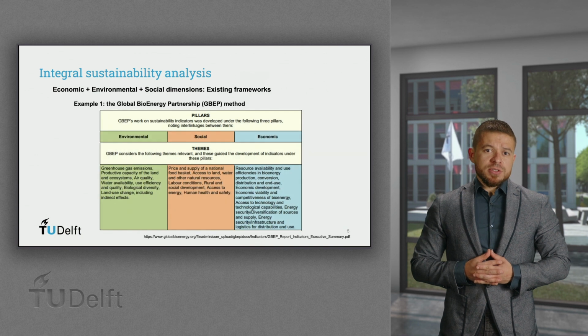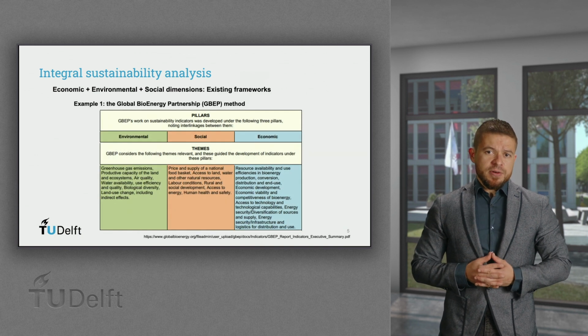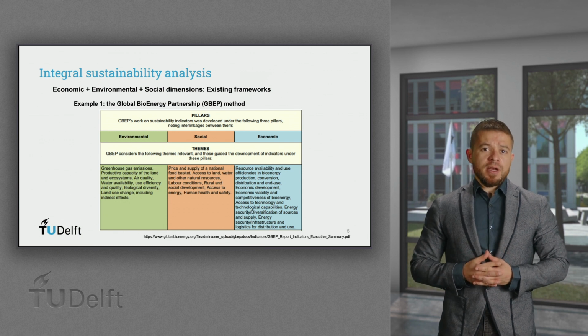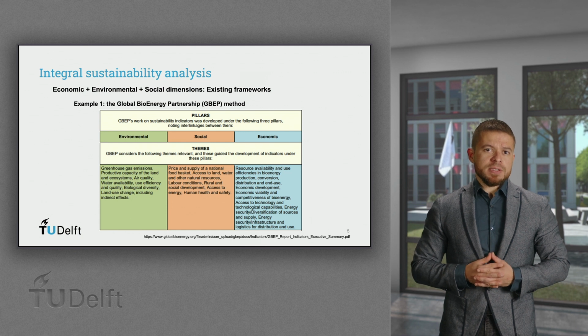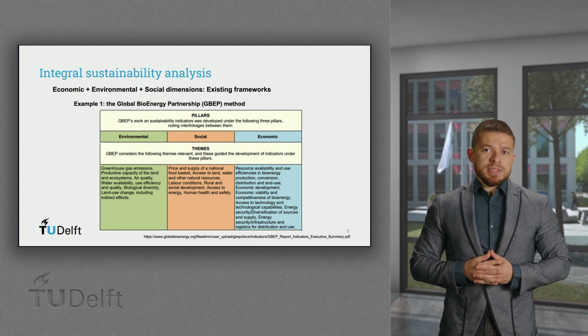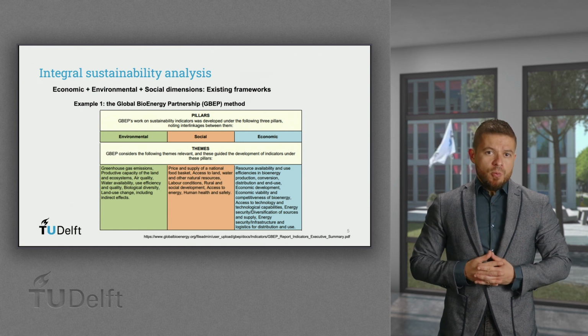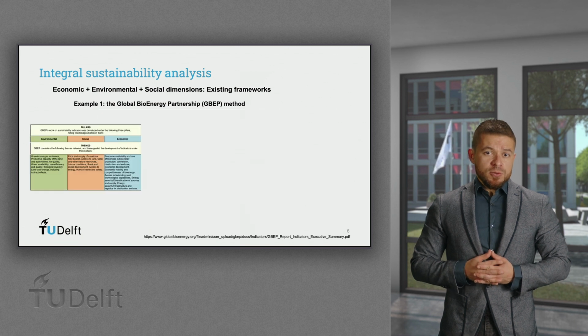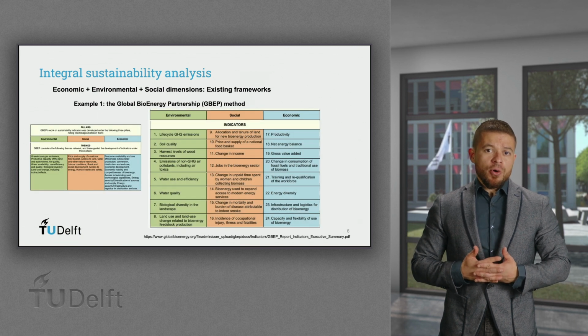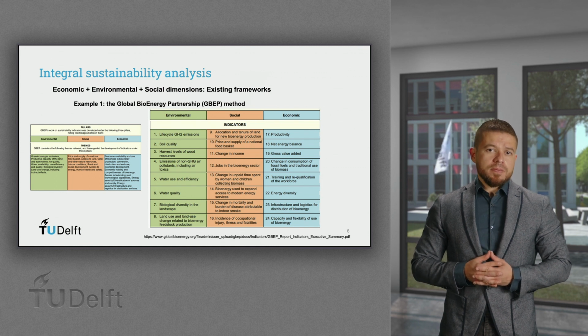Now, for the combination of the three dimensions of sustainability, several initiatives have been developed to standardize sets of indicators covering the three pillars of sustainability. One example is the Global Bioenergy Partnership, GBEP, where multiple themes have been considered per dimension, resulting in 8 impact categories or performance indicators per dimension.